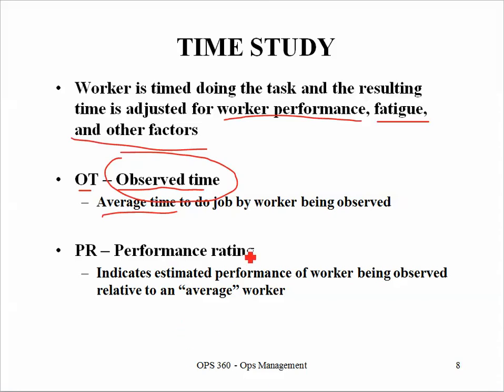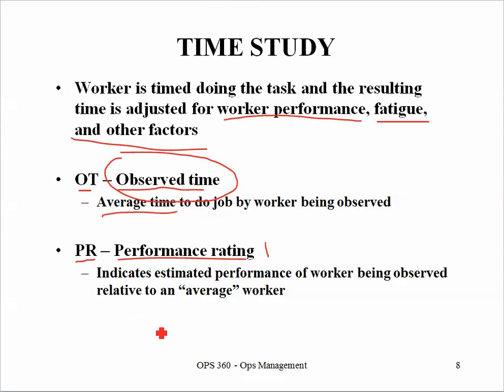Now this next item is a little tougher to get a handle on because it requires you to have some information about the different workers being observed. But ideally, we would have an estimate of the performance of the worker being observed relative to an average worker in the facility. I'm calling this the performance rating, or PR for short.